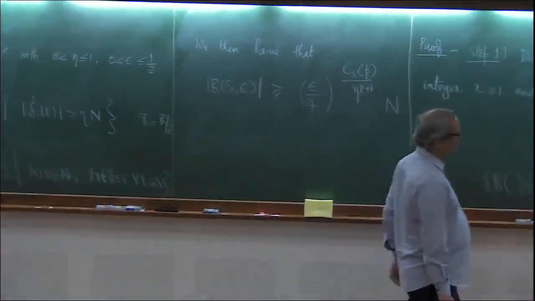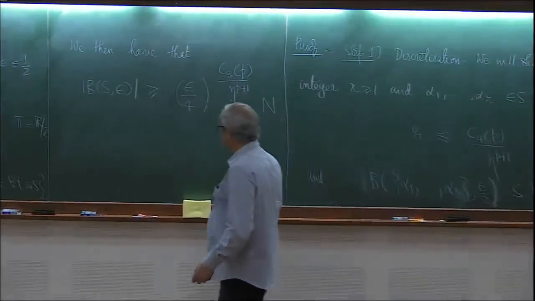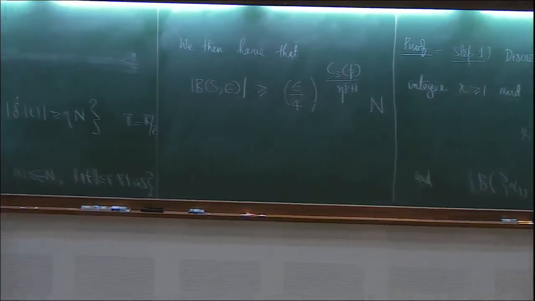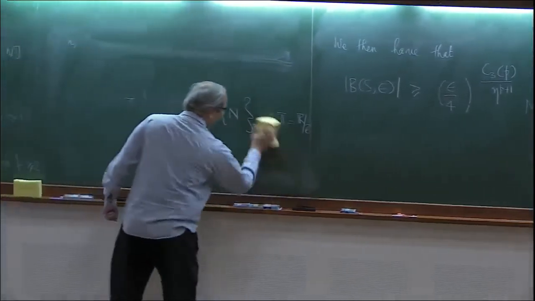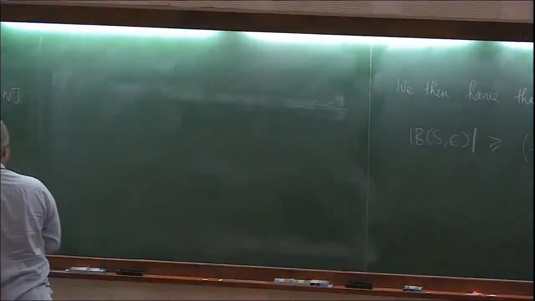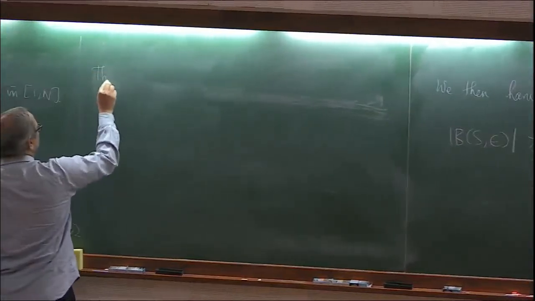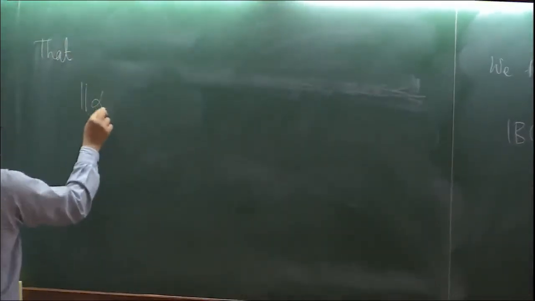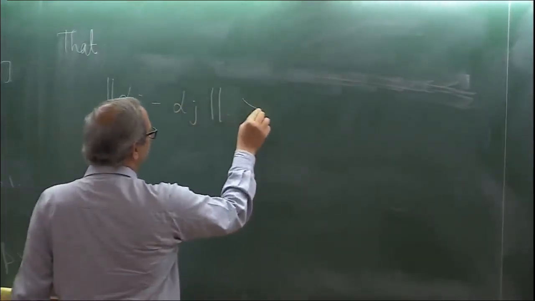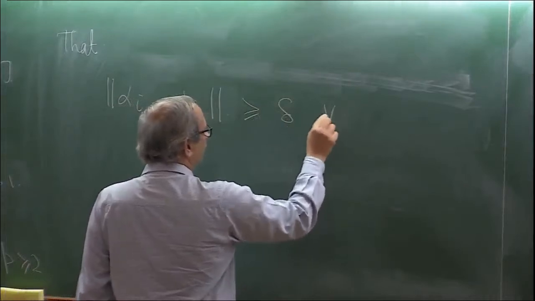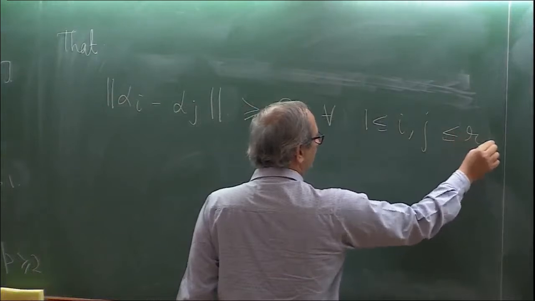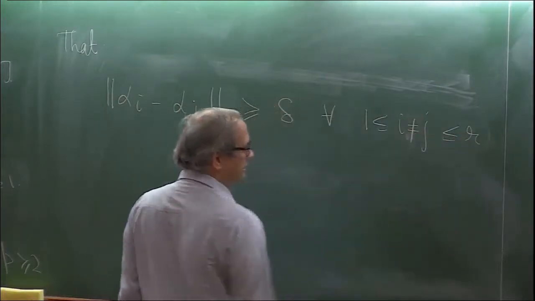Now what is the meaning of a delta-spaced sequence? This means that the distance, alpha i minus alpha j, is greater than or equal to delta for all i and j distinct, between 1 and r.